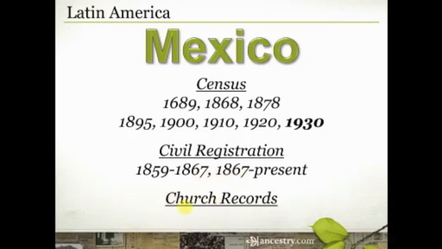Where the civil registration records a death, the church will record a burial, and that's because, particularly in the Catholic religion, people were buried on church grounds. The Catholic religion believes in the consecration, or the holiness, of that ground that people are buried in. And so the church would record who was buried and who was not.